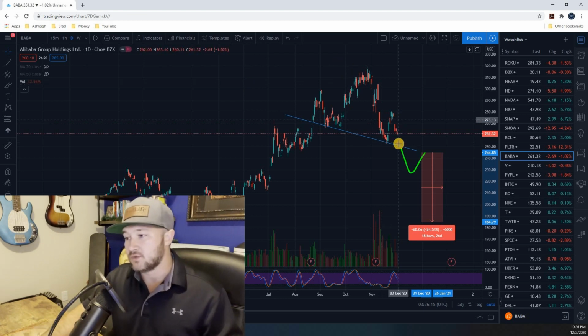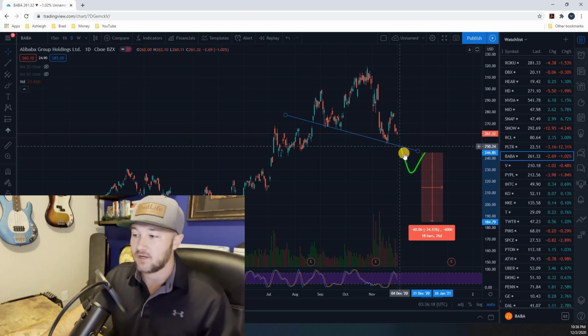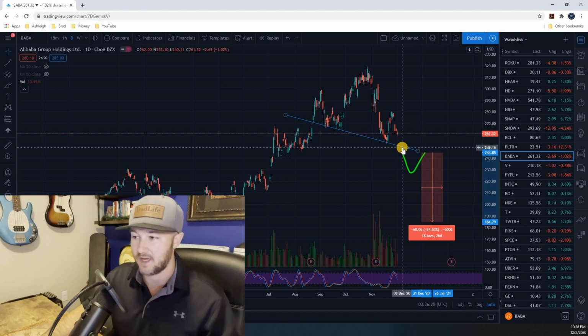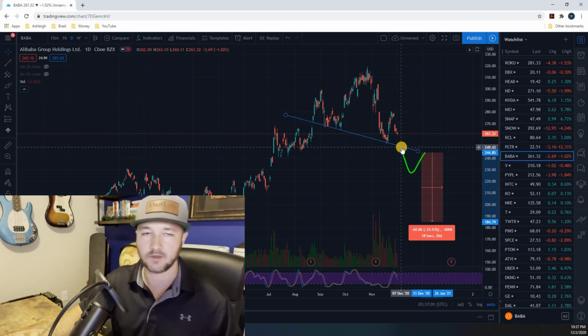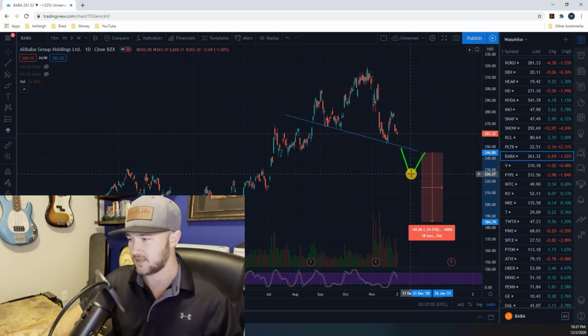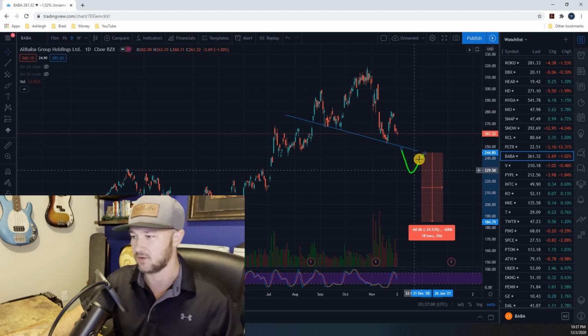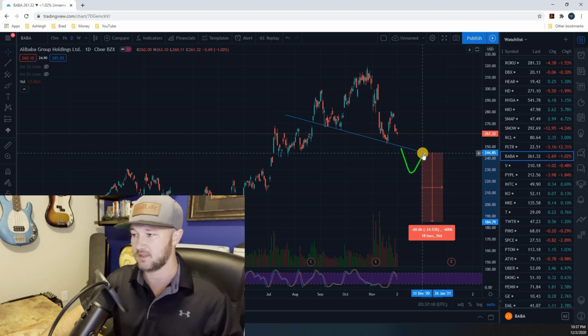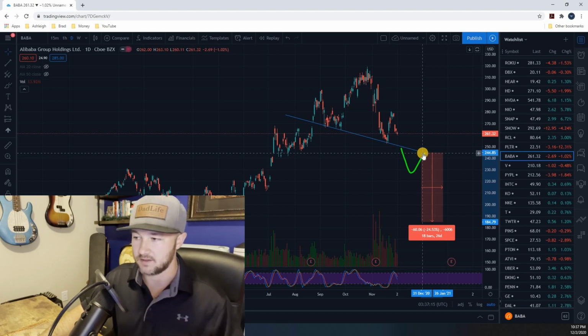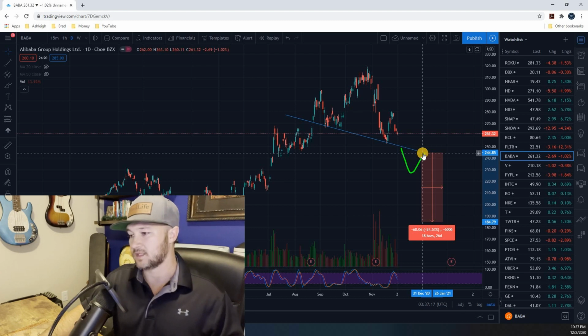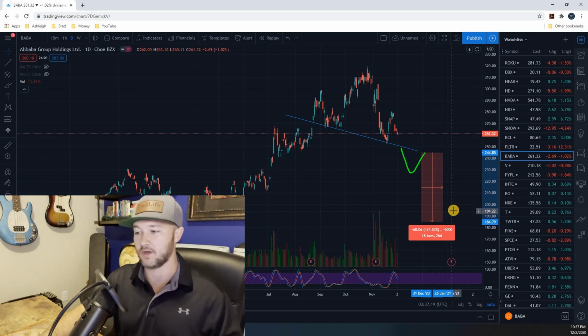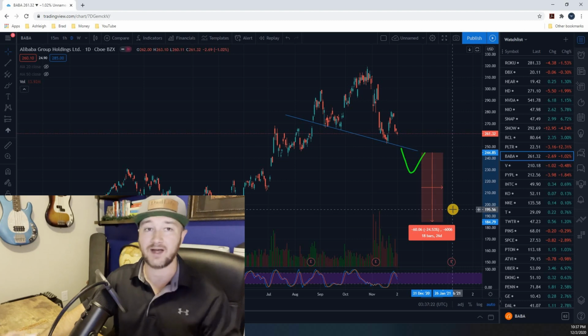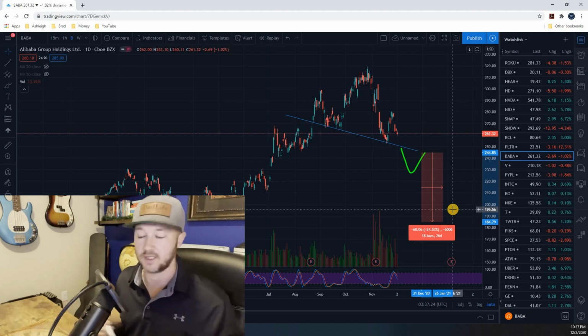Now, we need it to drop a little bit more from where it's at right now to confirm that this pattern exists. We need it to break below this neckline. So if it breaks below the neckline, drops down to, I don't know, the 225 level, and then retraces back up to the neckline, maybe the 245 level, then the chart pattern has confirmed, and we can expect it from there to drop to the 185 level with a very high level of certainty, or probability anyway.